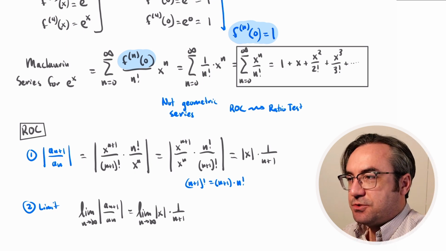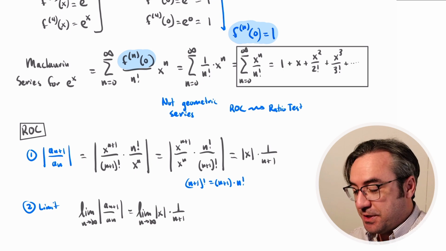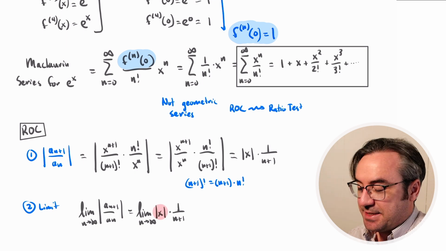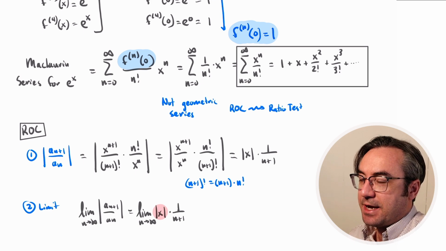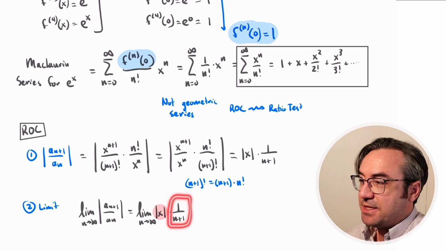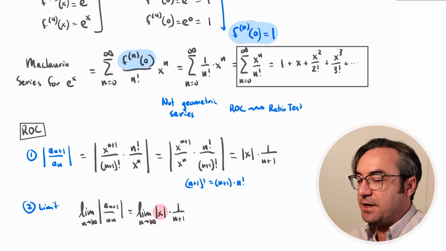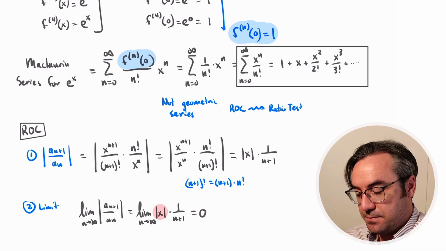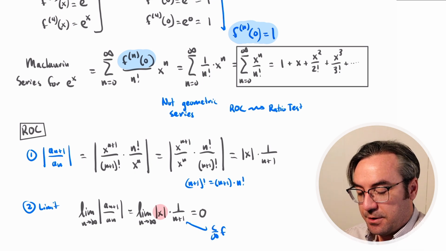And again, let's just remember, we're doing the limit as n gets larger and larger. So this absolute value of x is just a constant. This thing is not changing for any particular x value. This is the thing that's changing. And as n gets bigger and bigger, this is a c over infinity form. So this whole limit goes to 0.